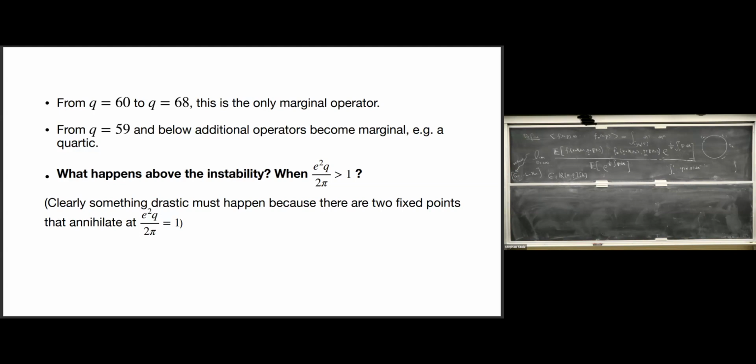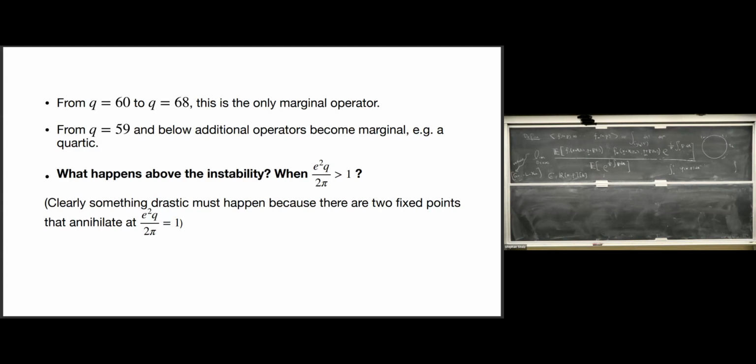However, if you are below charge 60, or charges 59 and below, other operators like the quartic become marginal as well. And you must add them to your action and analyze again your G flow and see what happens. Between 60 to 68, there are two fixed points, and below that, we are not sure.